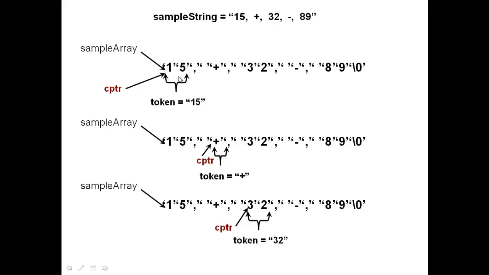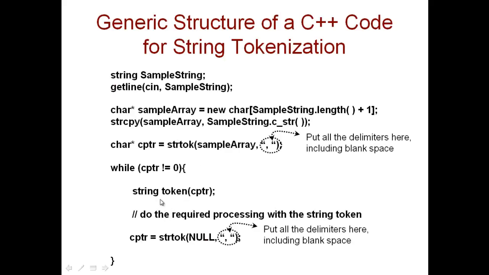So what you have extracted is this 1 and 5, not the delimiter, just the characters 1 and 5. So that will be the value of this string token. Okay. So now you need to process that string. So depending on your application, you will do the processing, which we'll see in another code. So here I'm not showing any use of the token.